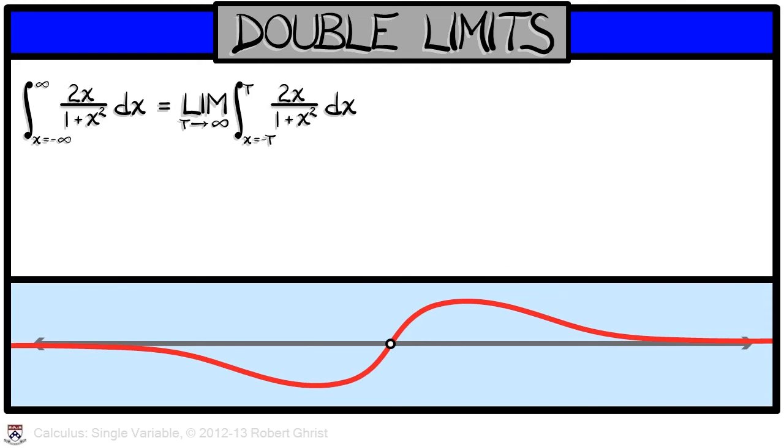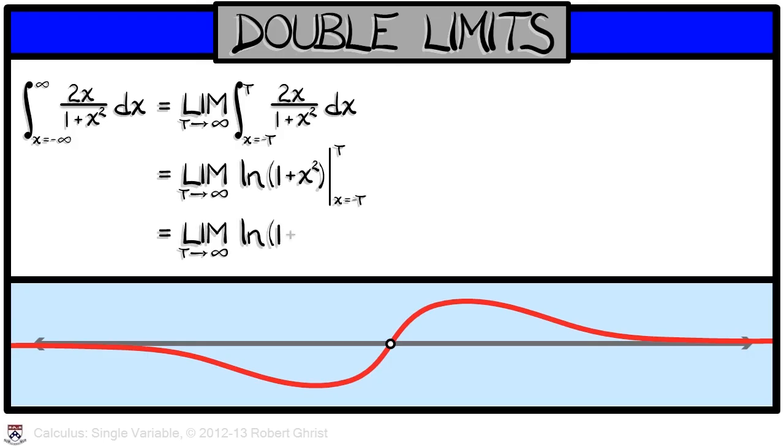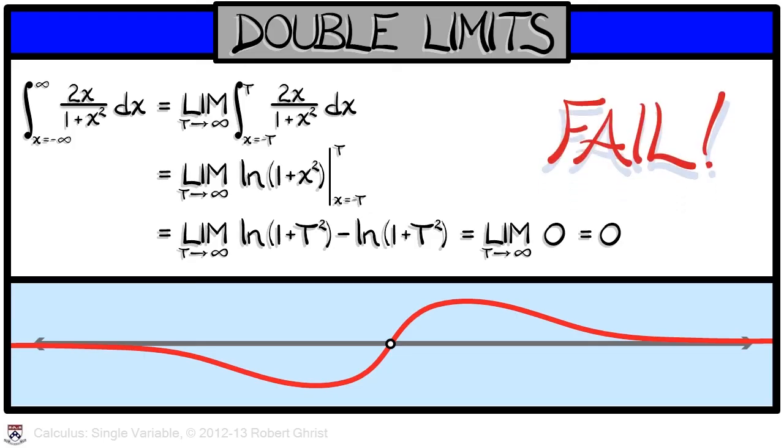We already know that the antiderivative is log of quantity 1 plus x squared. And if we evaluate that at negative t and t, well, we get something that cancels to 0. And so it would seem as though our limit is 0. That is not correct, and we have failed to be careful.